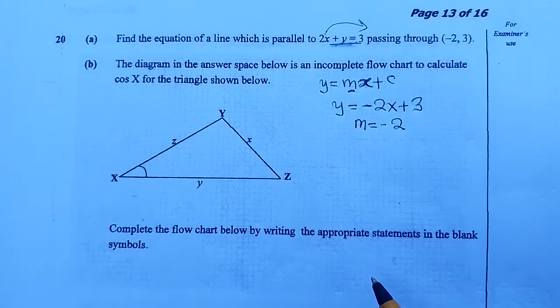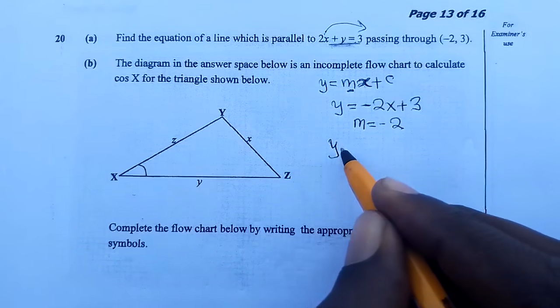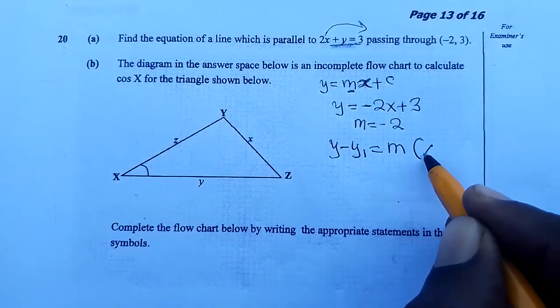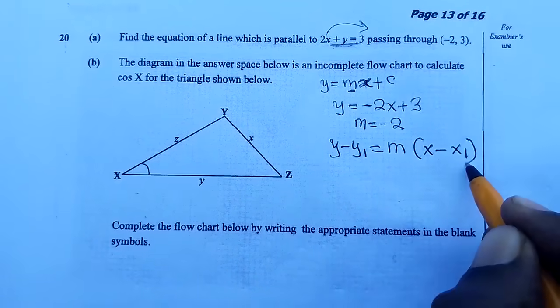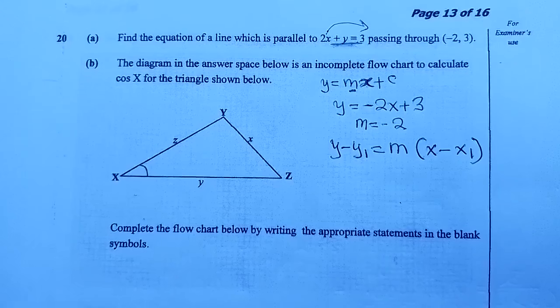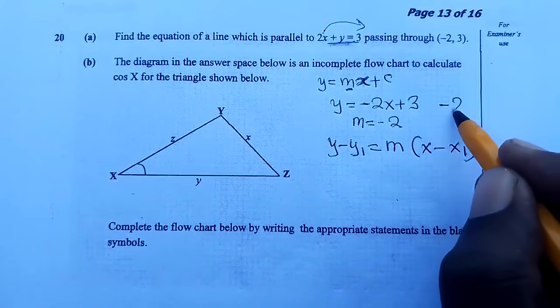So from here, what we do next, we write the general equation of all straight lines: y minus y1 is equal to m times x minus x1. This is the equation that we will use, with the coordinate you are given, negative 2, 3.